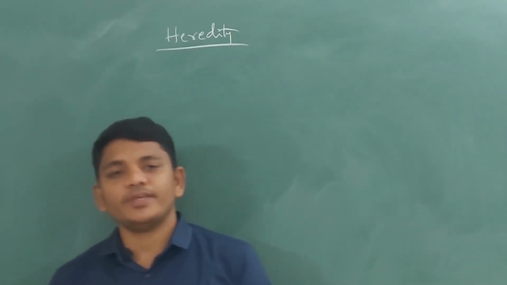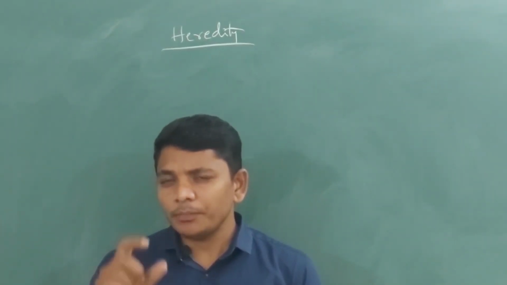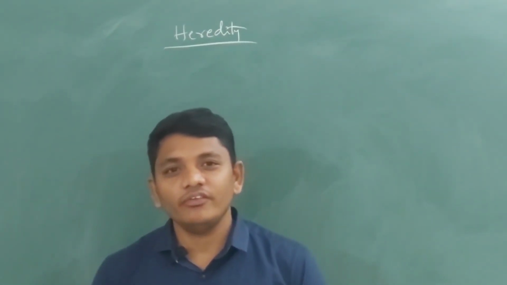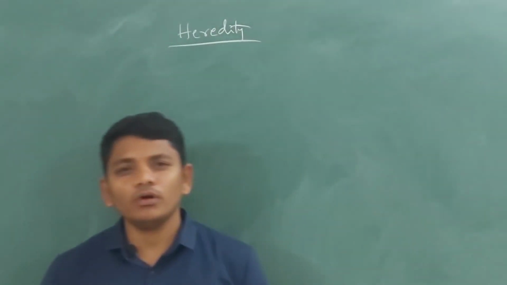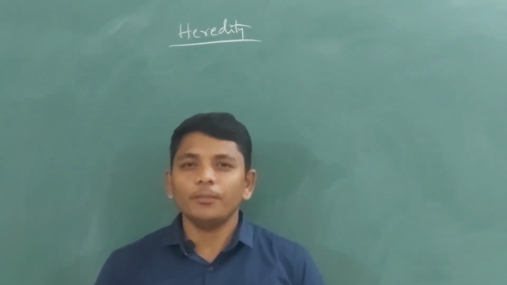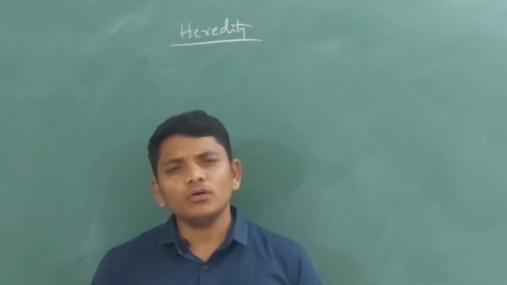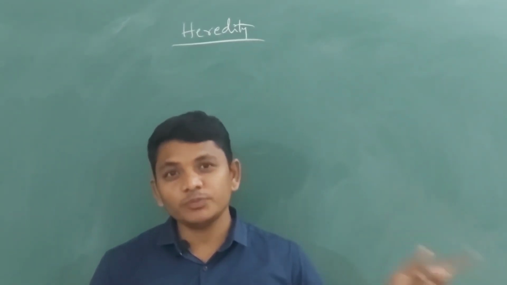Sometimes in some species, variation may lead to evolution. For example, you all know that human beings came from apes. Apes means monkeys. Over several years some changes occurred in the ape species.